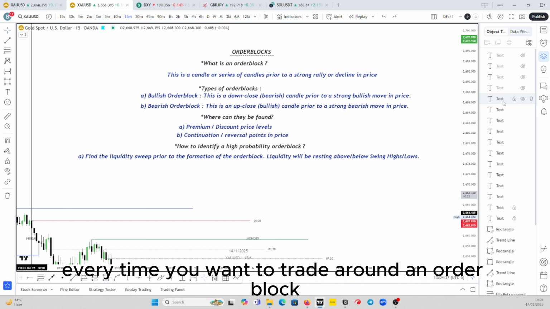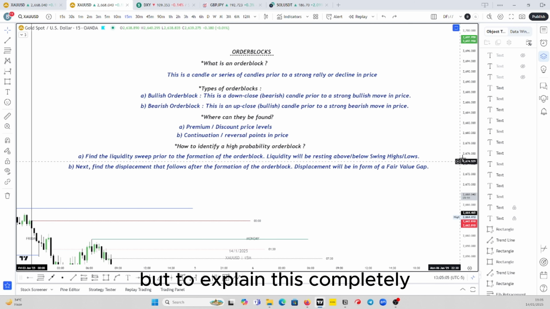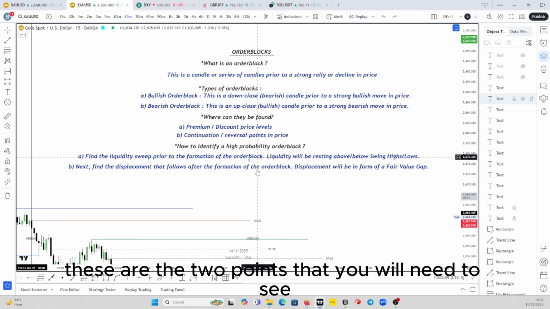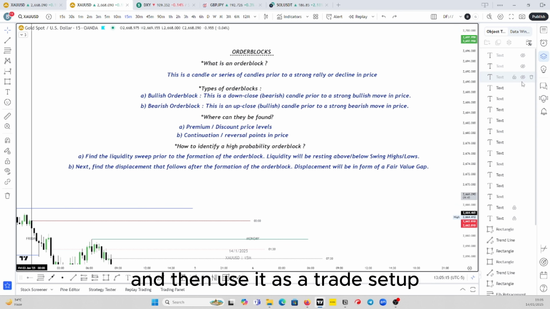And then next, you need to find the displacement that follows after the formation of the order block. Displacement will be in the form of a fair value gap. I will make a video about fair value gaps later, but these are the two points that you will need to see to be able to validate an order block and then use it as a trade setup.